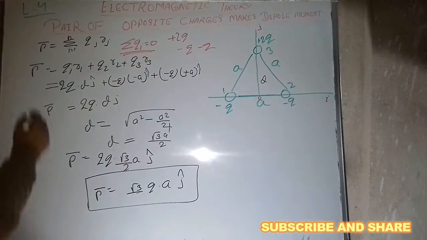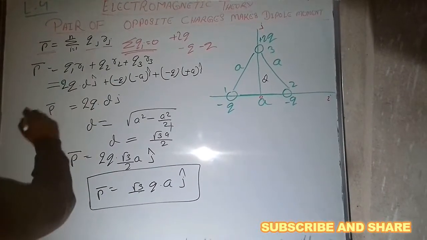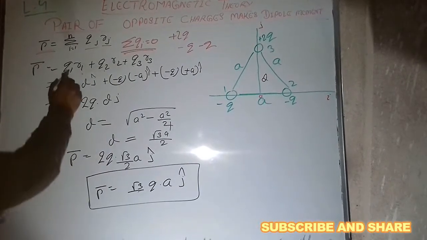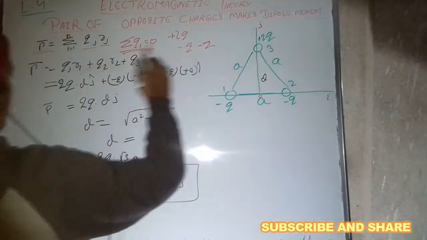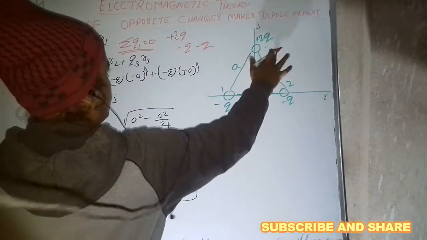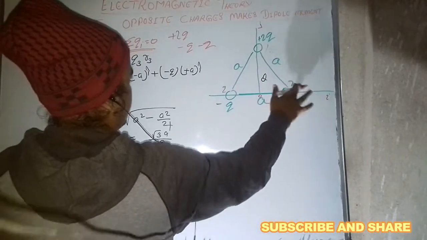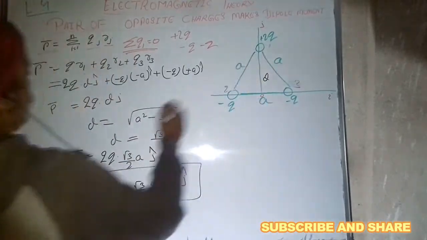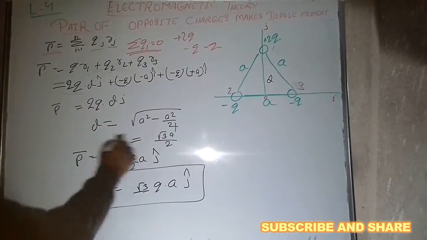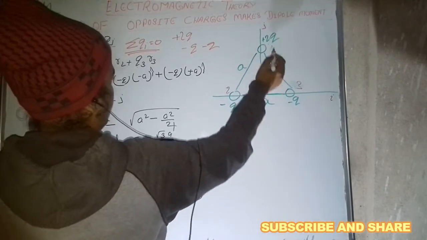We know that dipole moment equals the sum of qj rj, q1 r1 plus q2 r2 plus q3 r3. Label them 1, 2 and 3. Now charge 3 has 2q, and the distance from origin O to that charge is d.